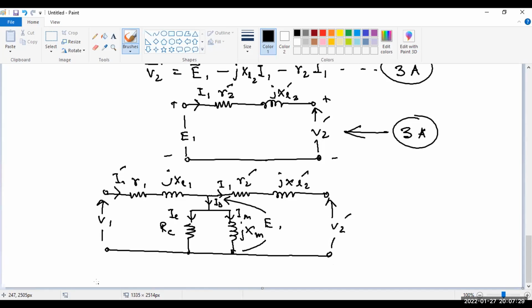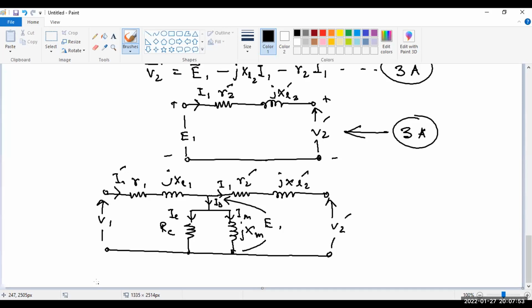Once again, it is called the exact equivalent circuit of a two-winding single-phase transformer. Don't miss any term. It is an exact equivalent circuit of a two-winding transformer, because there is also a single-winding auto transformer.